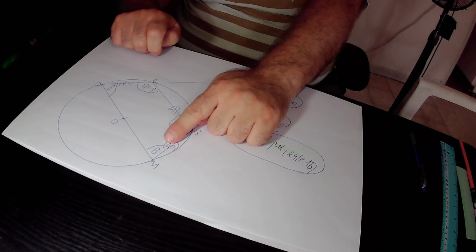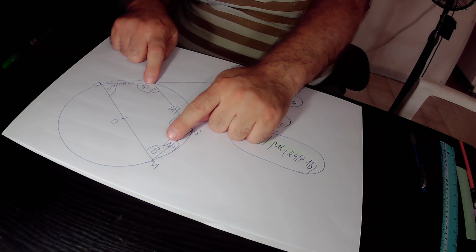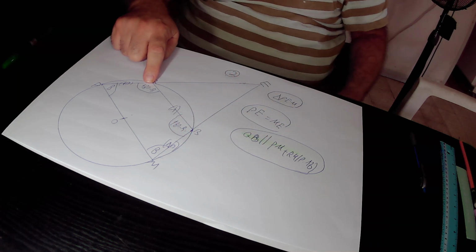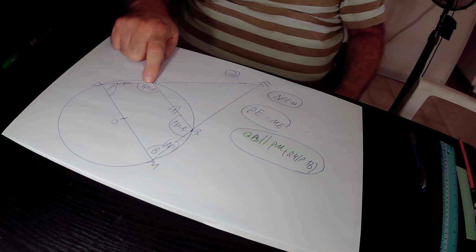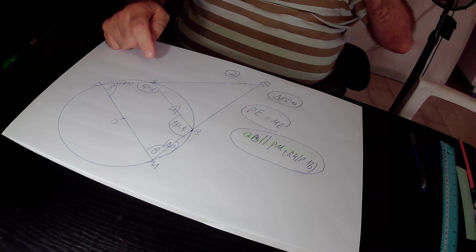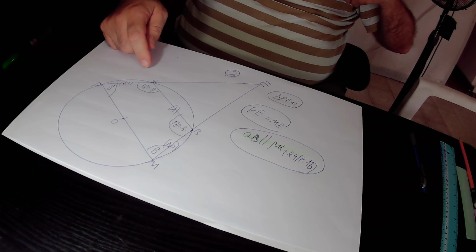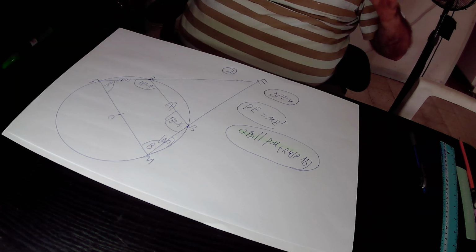This angle is beta, so beta plus this missing angle must equal 180 degrees according to rule 16. Therefore this missing angle must be 180 degrees minus beta, because 180 degrees minus beta plus beta is 180 degrees.